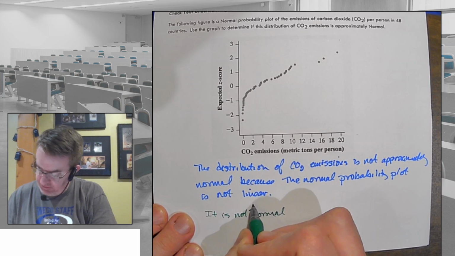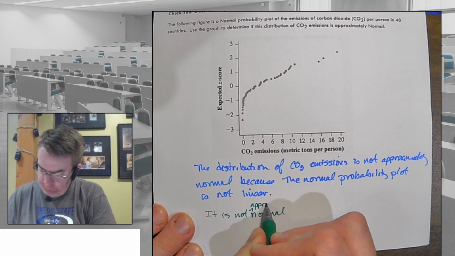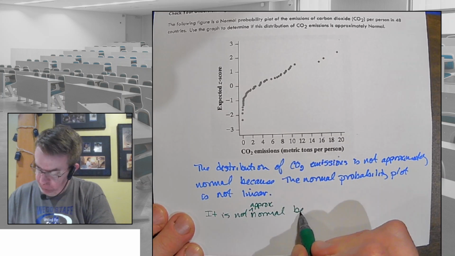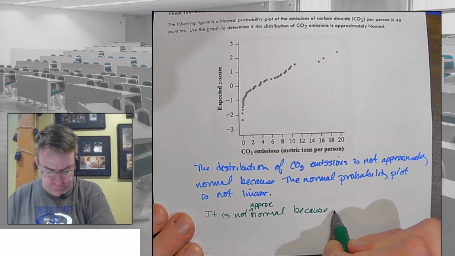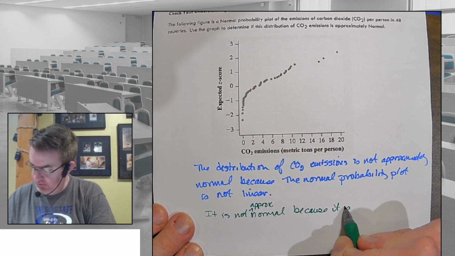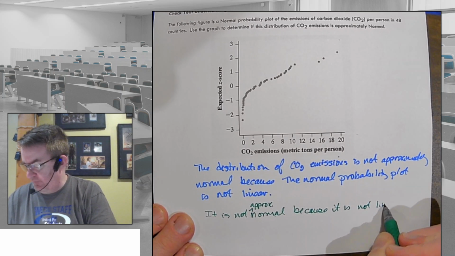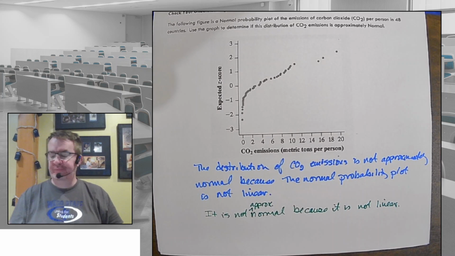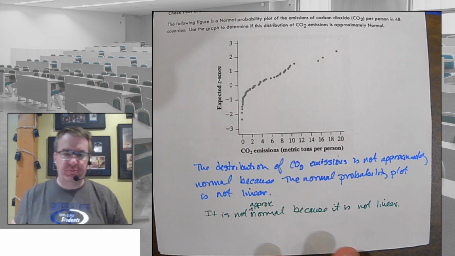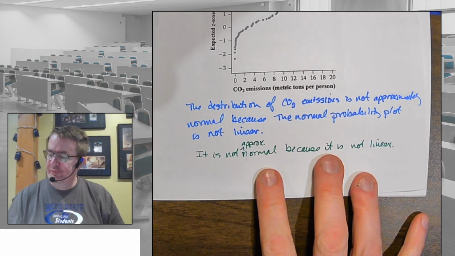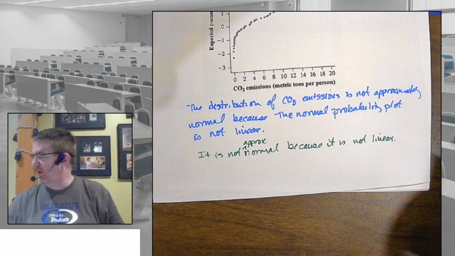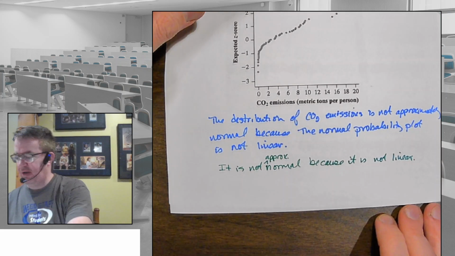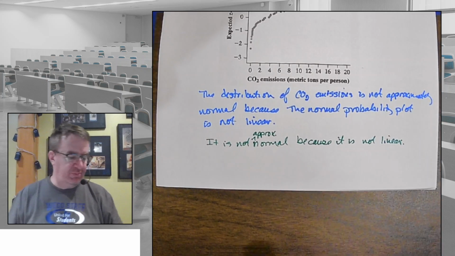And then they're like, oh, wait a second, approximately normal. Because it is not linear. What's the problem? If you love English, you know what the problem is. If it's any consolation, my wife, who was an English major, was on my case about this type of stuff, helping me proofread my papers in college.